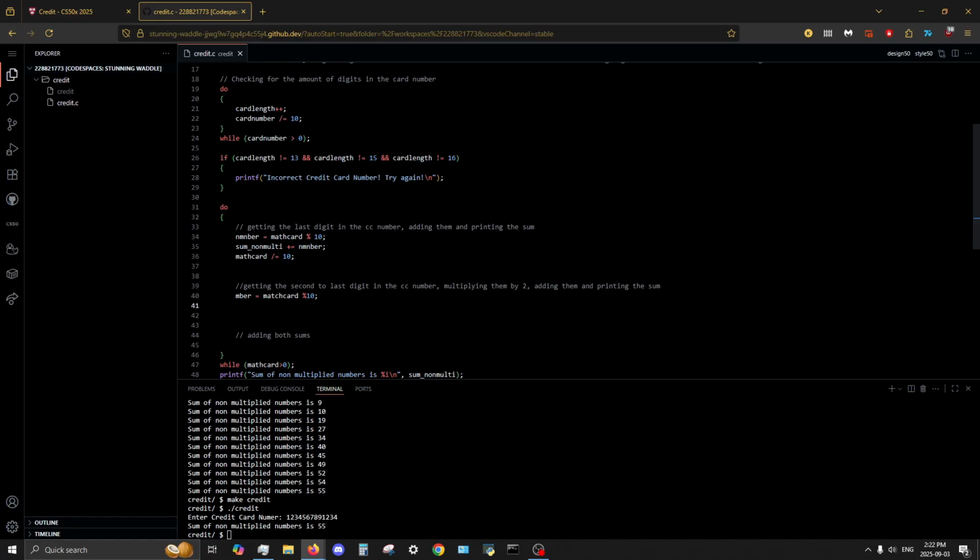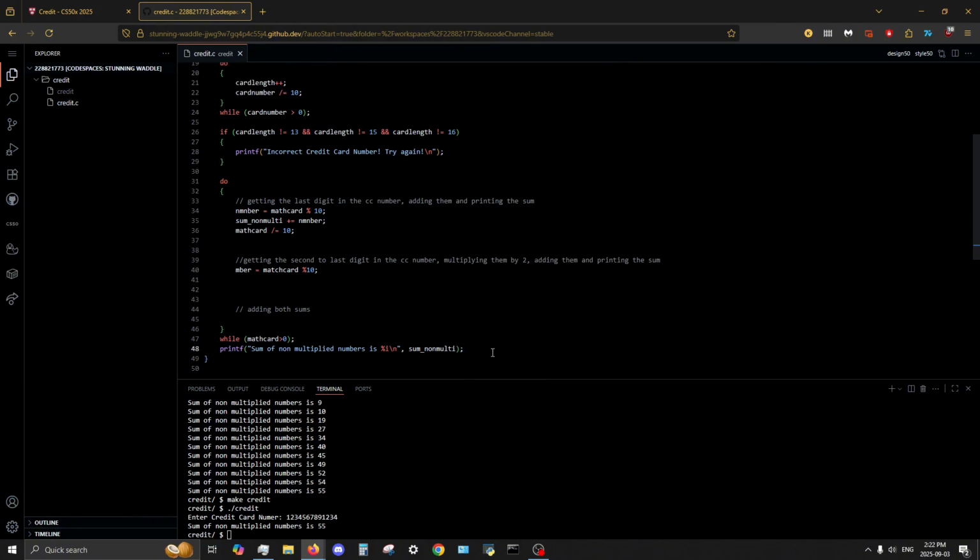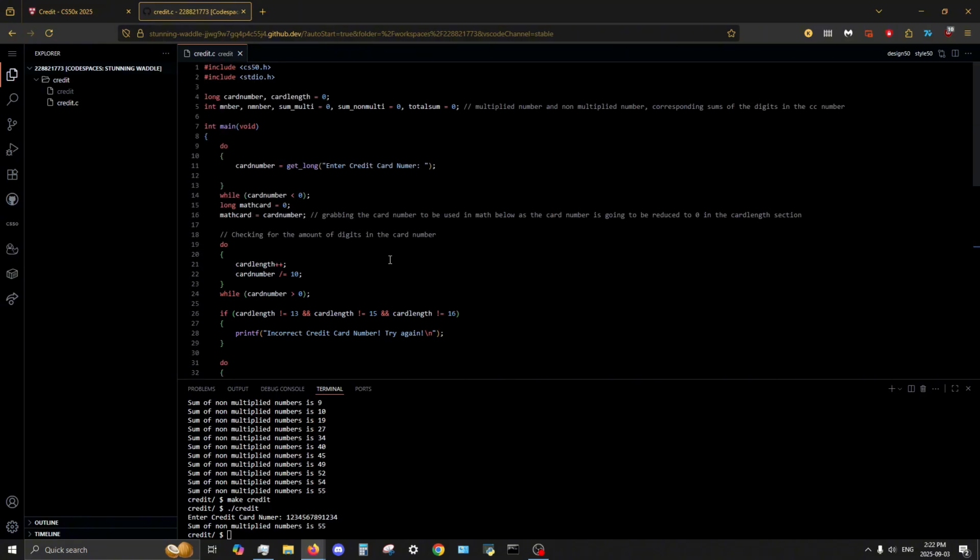What do we have to do? Okay, so you need to get the second to last digit in the credit card number, multiply them by 2, and add them. So we're gonna do the print the, what is that?